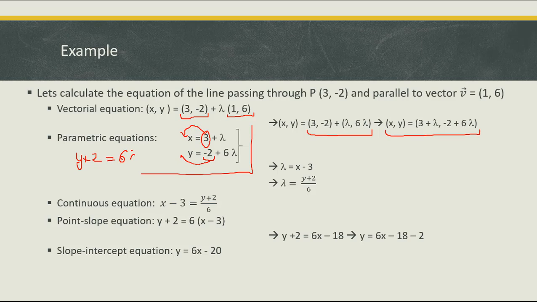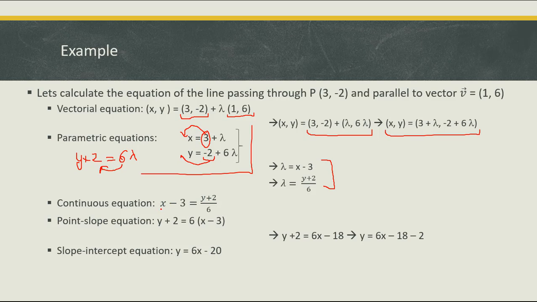And this 6 here is multiplying, so I send it to the other side dividing, and I arrive at lambda equals y plus 2 divided by 6. As I have these two expressions for lambda and both of them must be equal, I arrive at the continuous equation by equalizing both of them.